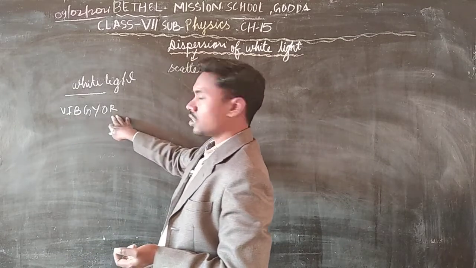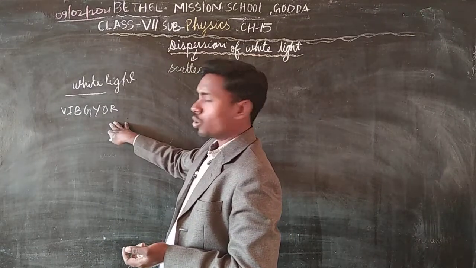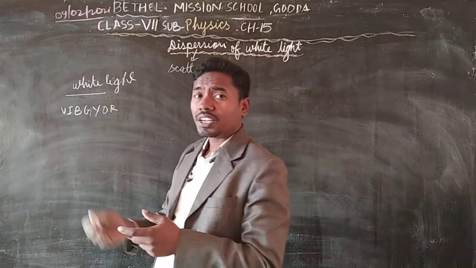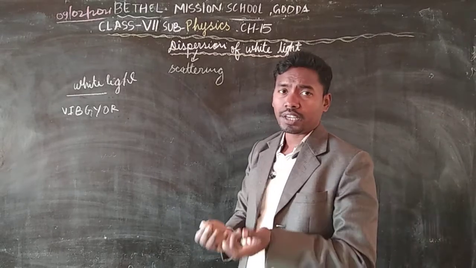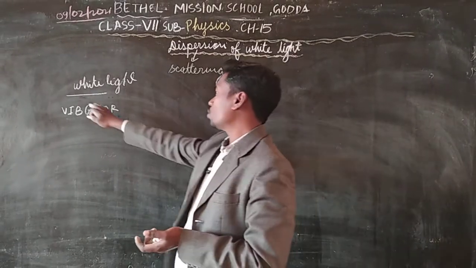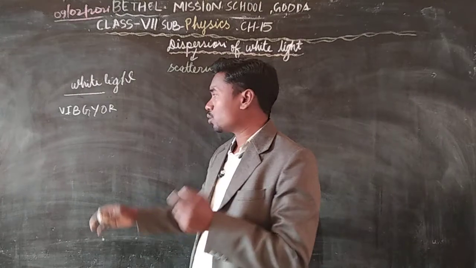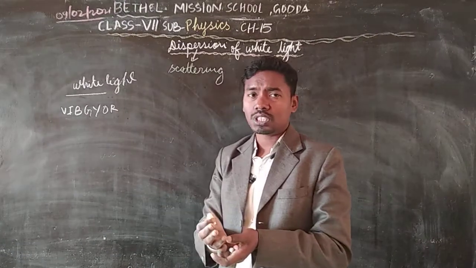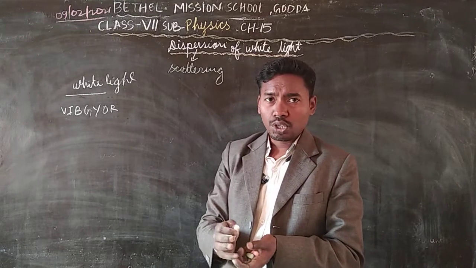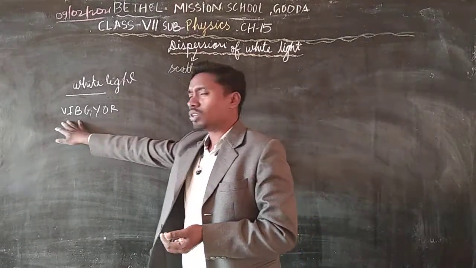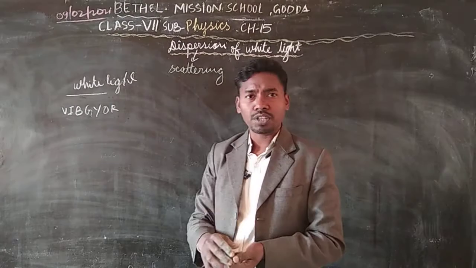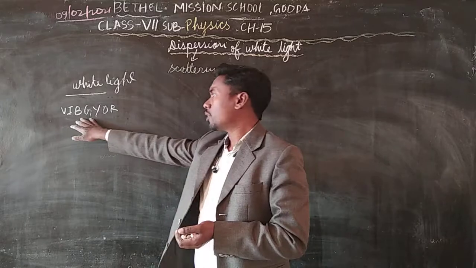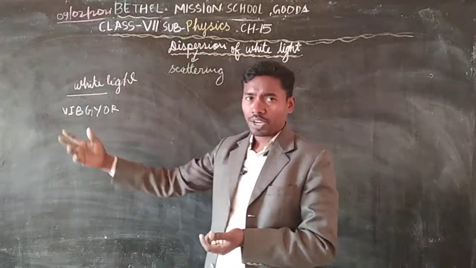When you see all these colors of light together, it appears to be white light. So white light is not one light, but actually all 7 colors of light together. We are not able to differentiate them when they are together, so we see white.